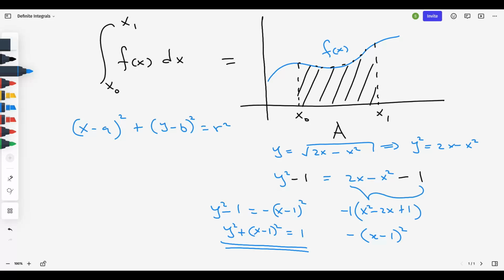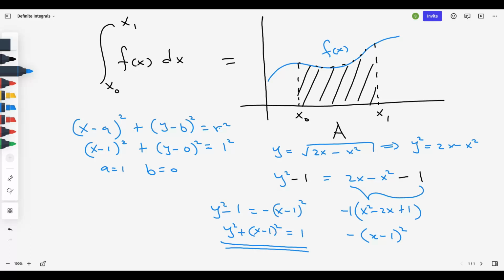So if I write this underneath, x minus 1 squared plus y minus 0 squared, equal to 1 squared, because 1 squared is 1. What this means is that a is 1, b is 0. This is the general form for a circle where r is the radius of the circle, and a and b are the center of the circle.